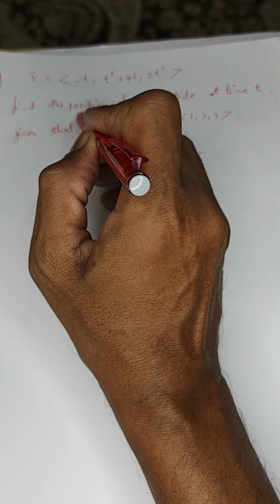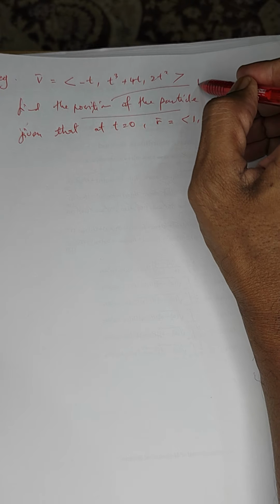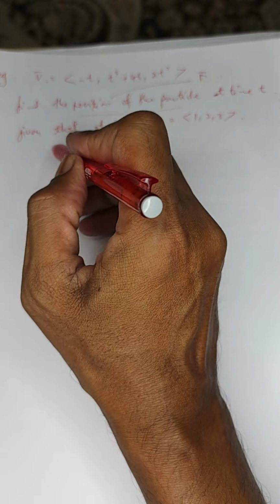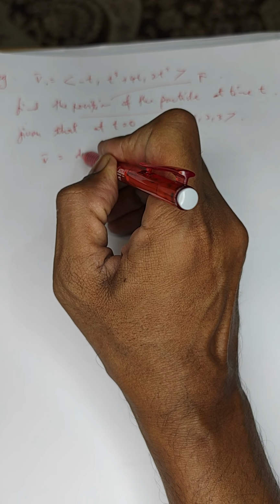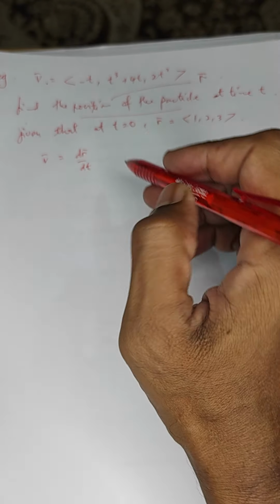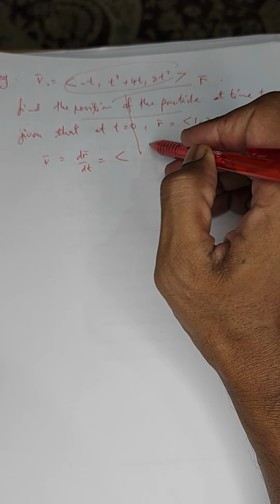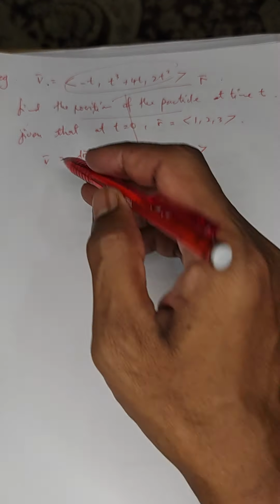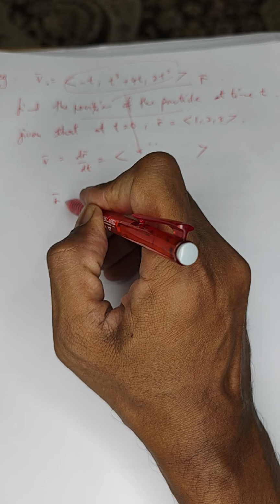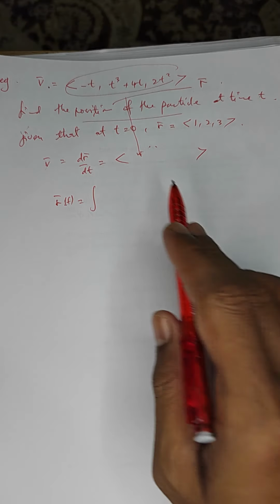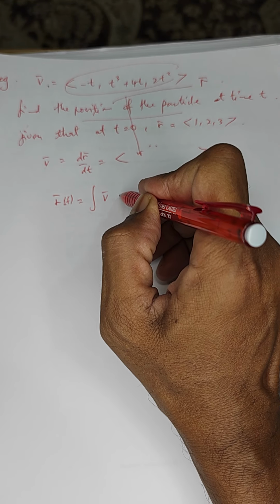So the position vector, which means we want to find r. We know that v is actually dr dt, which is given as those in the question. Then to find r of t, we just integrate v dt.